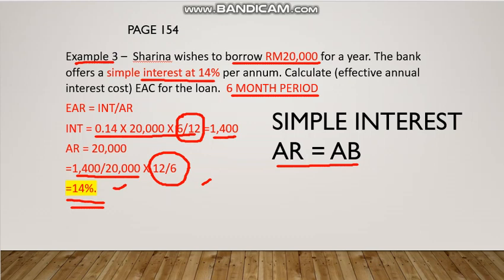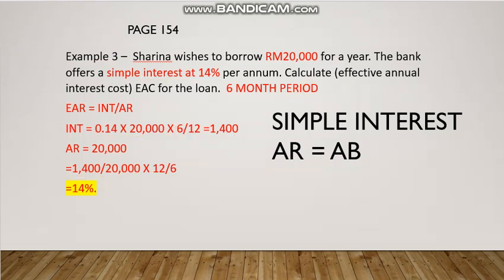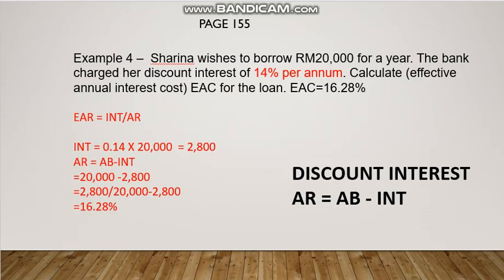Okay, now we move to the other one, which is discount interest. Borrow 20,000, the same thing here, discount interest 14%.